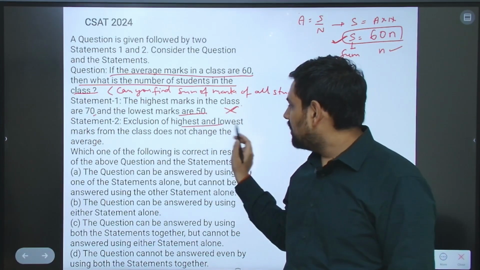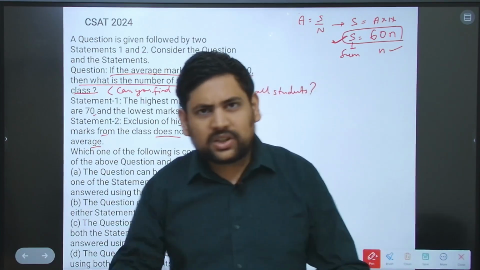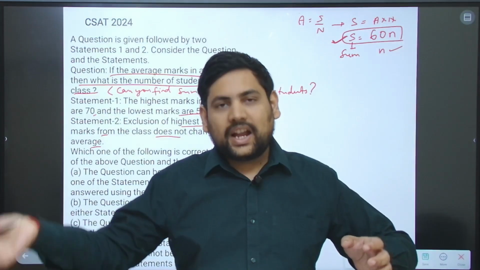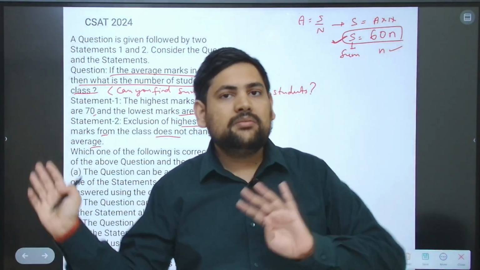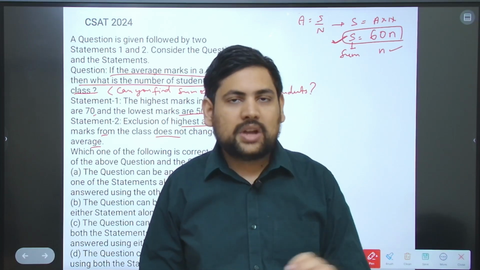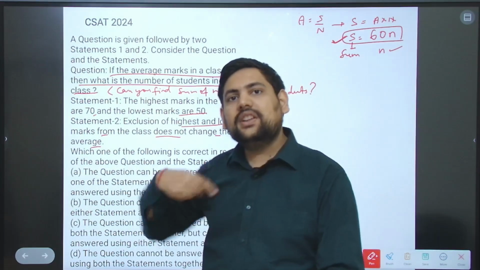Then, exclusion of highest and lowest marks from the class does not change the average. So whatever is the average of the class, now I send the highest and lowest, let's say Anjali and Raghav, both outside the class to say that now I will count your marks sum again. Now it is telling you one thing, that the average remains the same.